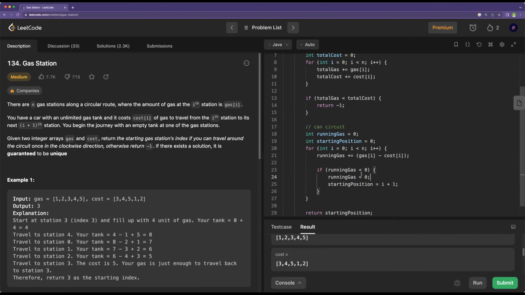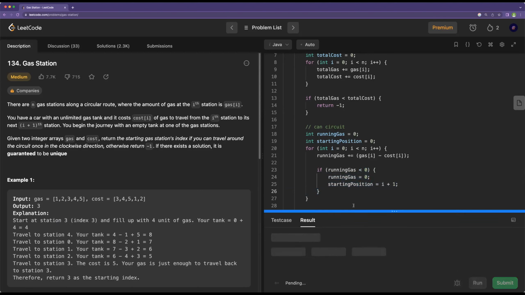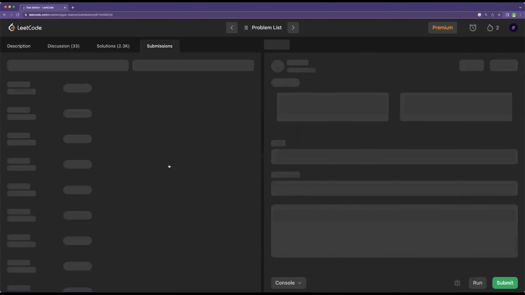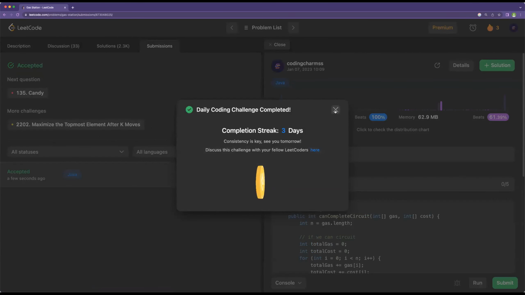Whenever we know we have less gas value, we have to reset and we have to update the starting position. So it got accepted for the sample test. Let us submit it. It passes all the test cases.